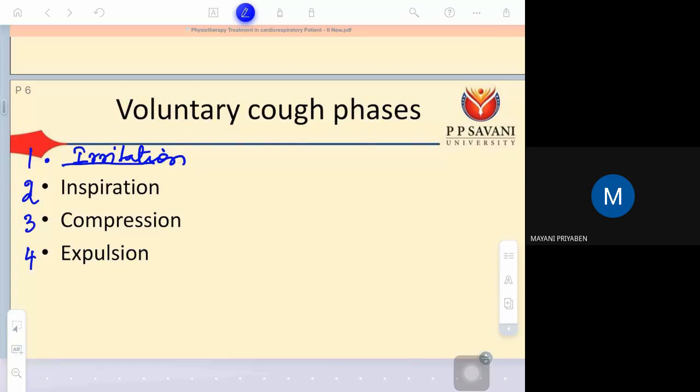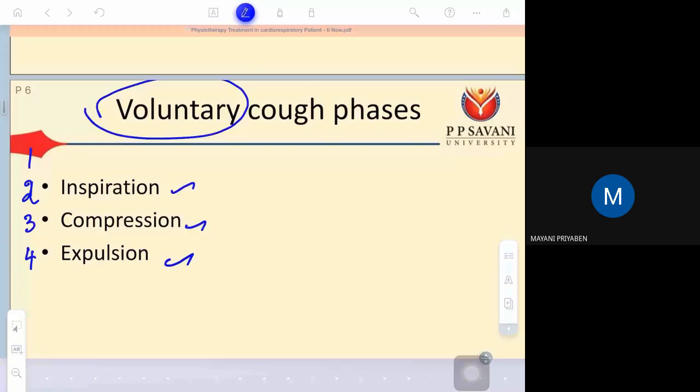So what is irritation? In voluntary cough, irritation is not present. Automatically, without irritation, he starts coughing. In voluntary cough, the patient coughs, or voluntarily clears the secretion, without any irritation.